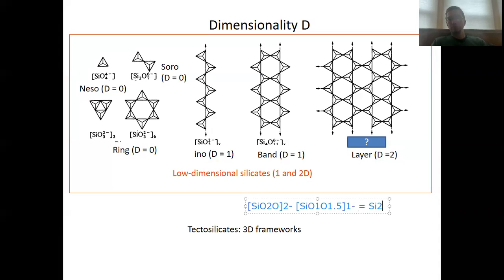So that is equal to Si2O, and now we can just add the oxygens together. This one gives 3, this one gives 4, and 4 plus 1.5 gives 5.5. So Si2O5.5. Now what is the charge?